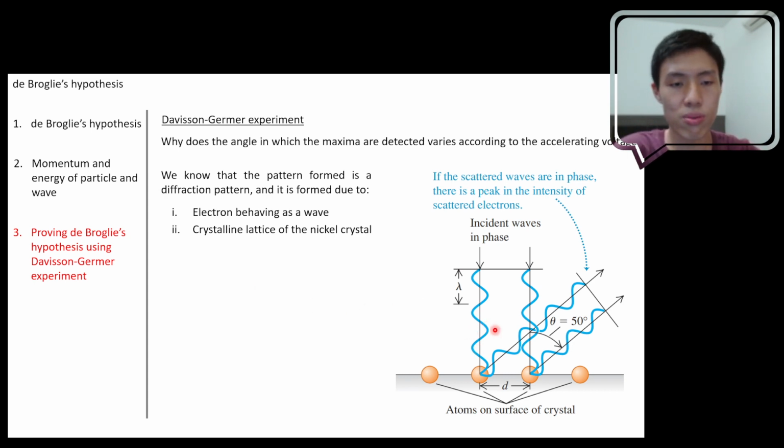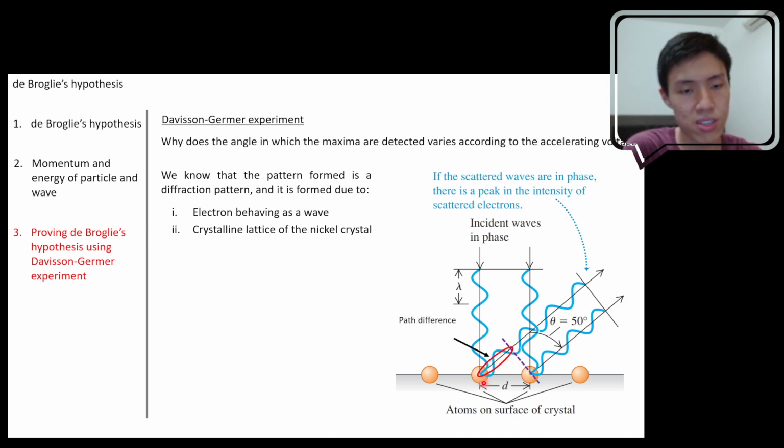Okay, so let's say we deflect in many different directions, but if you deflect at this particular angle, which is 50 degrees, the scattered electron has a path difference between the first path and the second path, R2 minus R1.